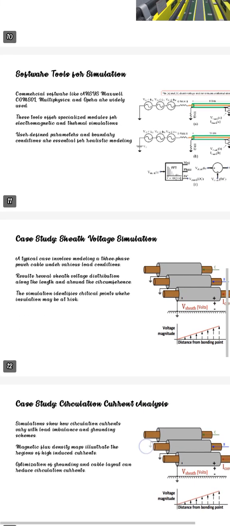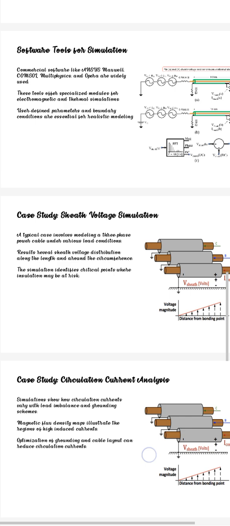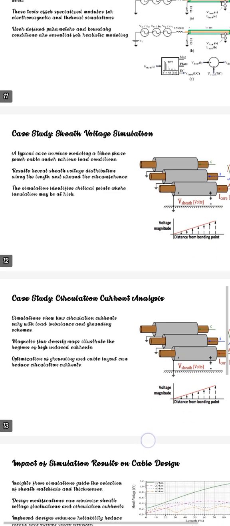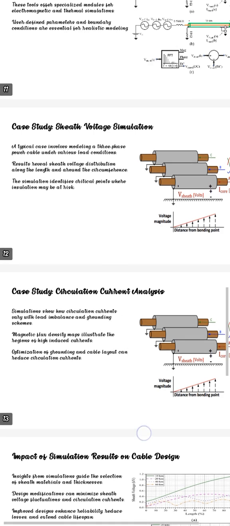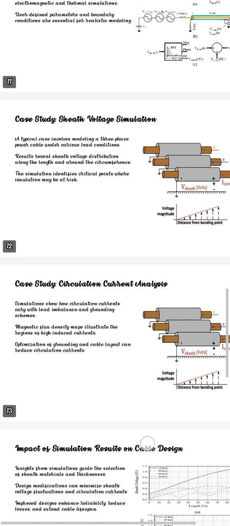Case study: sheath voltage simulations. A typical case involves modeling a three-phase power cable under various loading conditions. Results reveal sheath voltage distribution along the length and around the circumference.